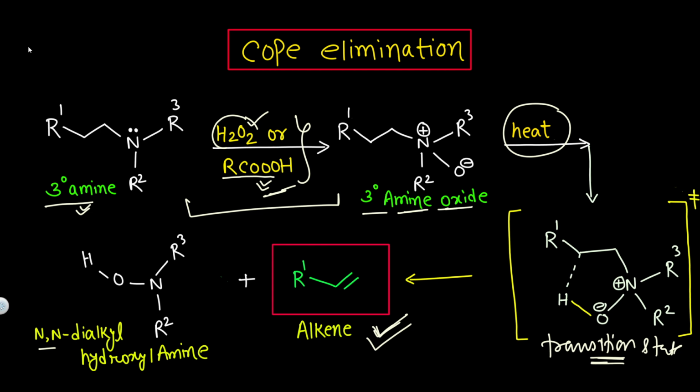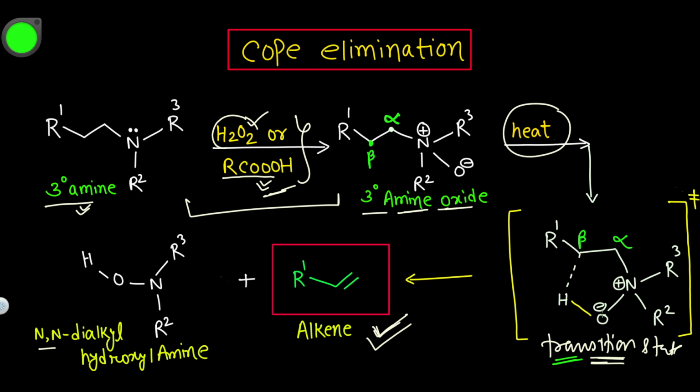Let me tell you one more thing: here this carbon is the alpha carbon, and this is our beta position. You are seeing in the transition state, this is our alpha position and this is our beta position.